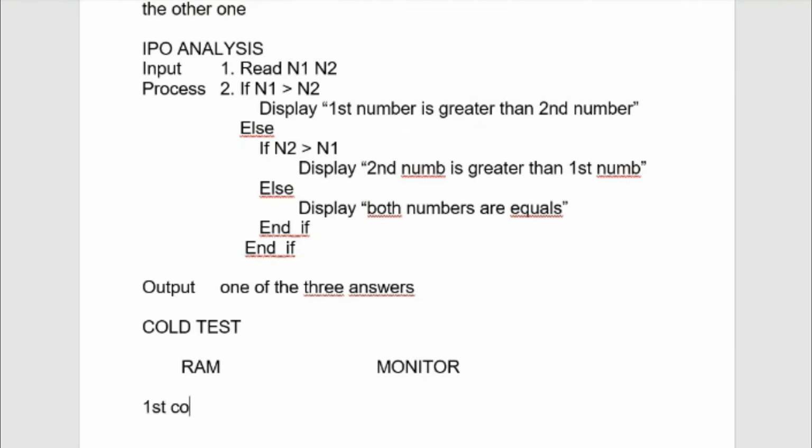First, call test with values 23 and 15, right? Second, call test. You have to prove this program with 98 and 200. And the third, call test 45 and 45.